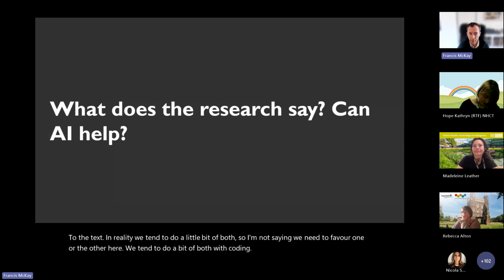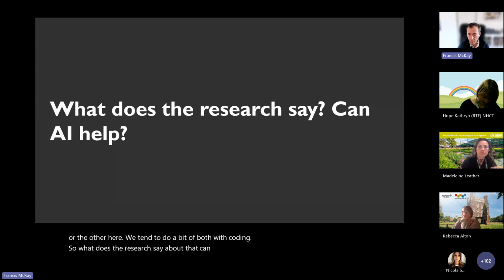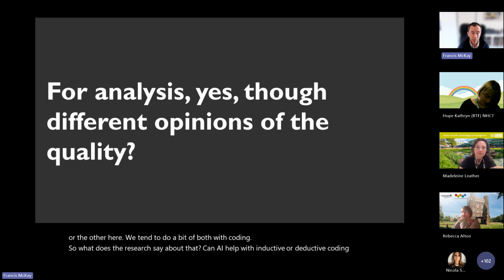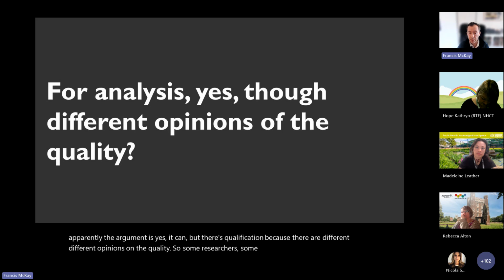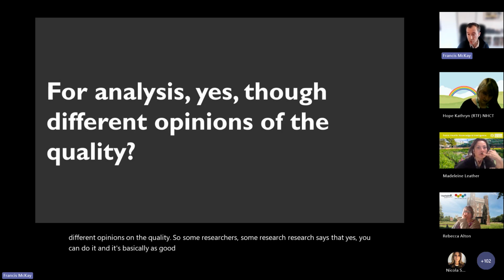So what does the research say about that? Can AI help with inductive or deductive coding? Well, apparently the argument is yes, it can, though there's a qualification because there are different opinions on the quality. Some research says that yes, you can do it, and it's basically as good as human coders, so it's pretty legitimate to use it in that respect.